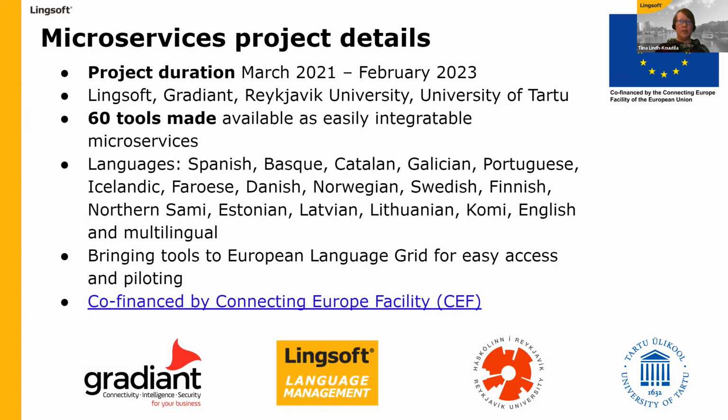Okay, now we are going to see examples for some specific tools that are the ones developed by us or other partners in the project. So first of all, we are going to start with Twilbert, that is a tool for Spanish for detection of hate speech.